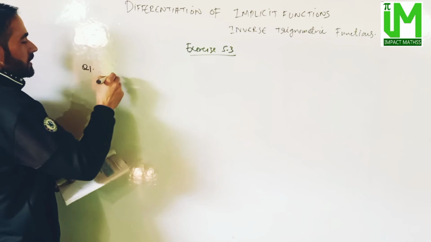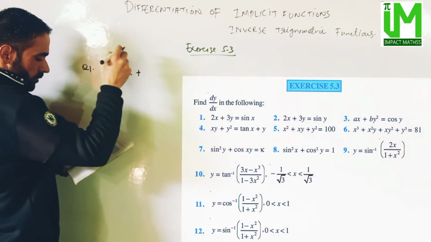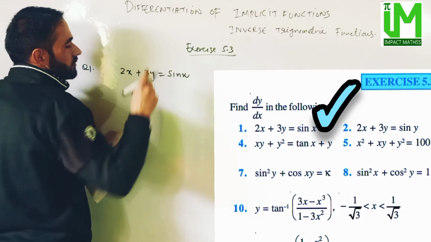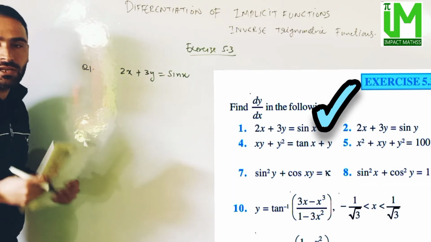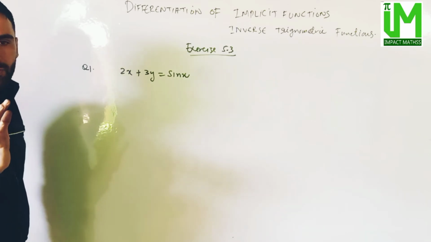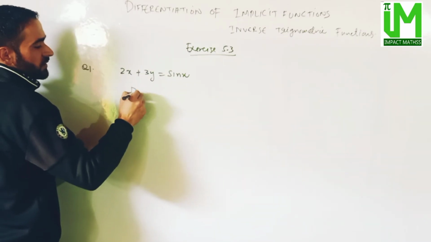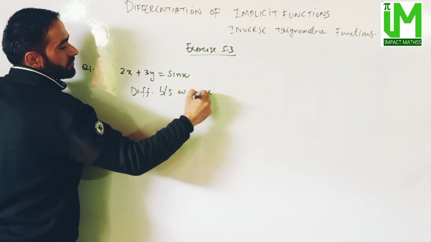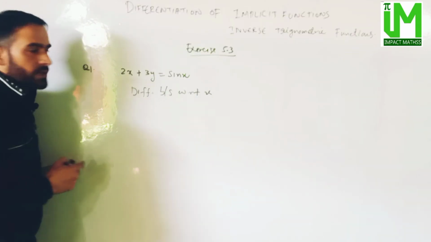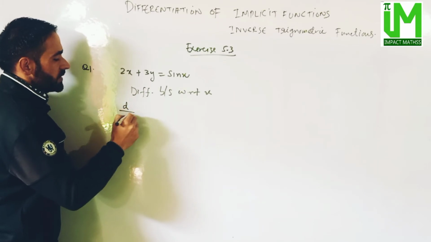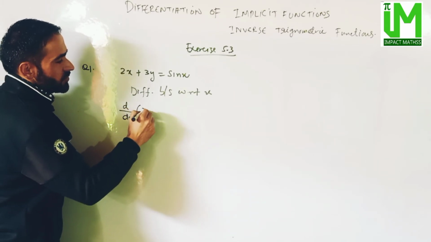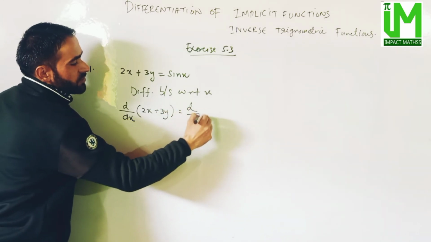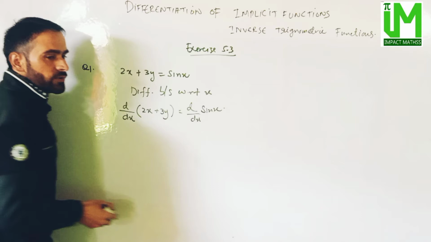Question number 1: we have to find dy by dx for 2x plus 3y is equal to sin x. That means we have to differentiate this with respect to x. So we can write, differentiating both sides with respect to x, d by dx of 2x plus 3y is equal to d by dx of sin x.